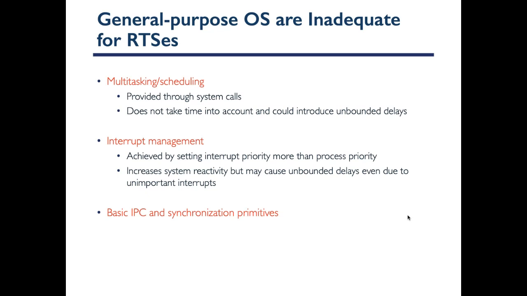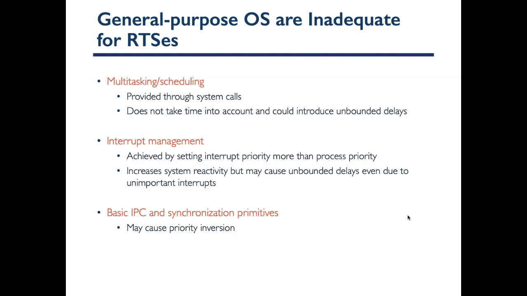The other area that is also important, and we will see in these slides going forward, is how we deal with inter-process communication and synchronization between tasks. In a general purpose operating system, you have a critical section, somebody locks a mutex, and everybody else has to wait for that somebody. Now, in the context of real-time operating systems, you will have to deal with some priorities.